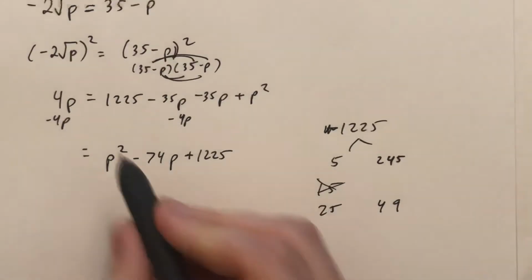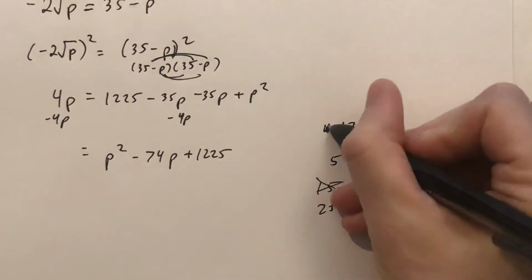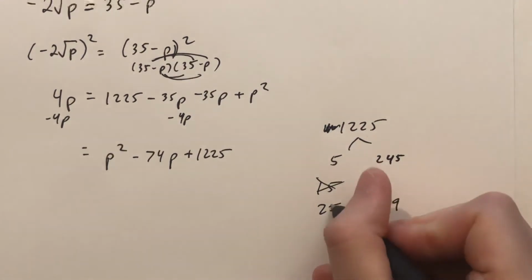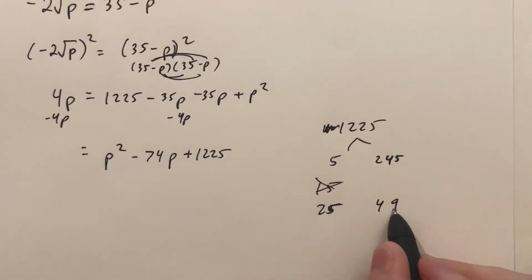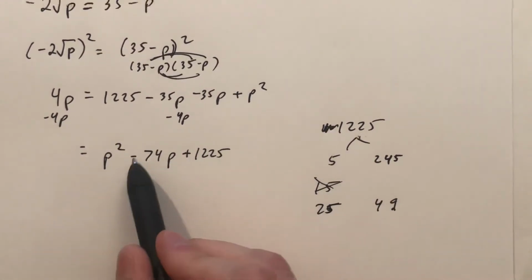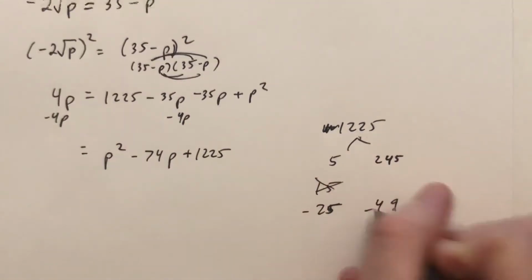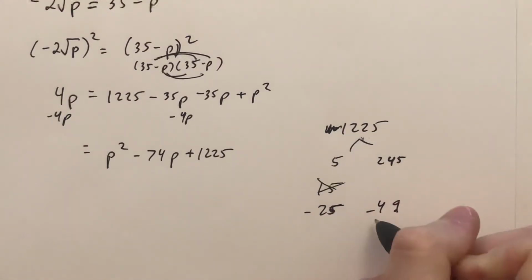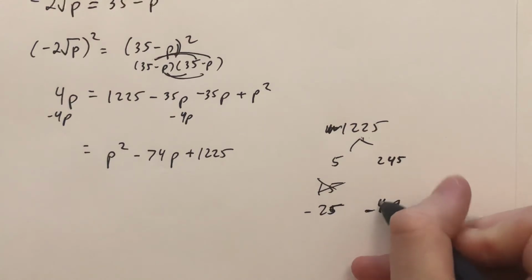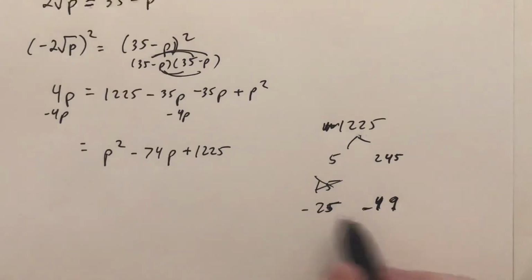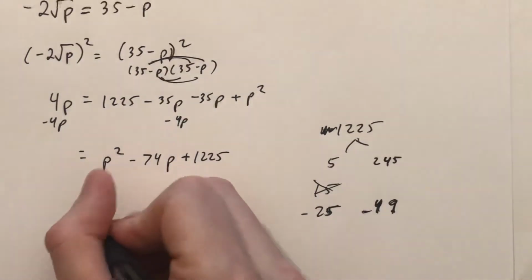I apologize for that. That should be a positive 1225, which means we need them to be the same sign, which is now, as I'm looking at these numbers, what I realize. We need a 25 and a 49 to multiply to a positive 1225, but add to a negative 74. So they need to be both negatives. Negative 25 and negative 49 multiply to a positive 1225 and add to a negative 74.